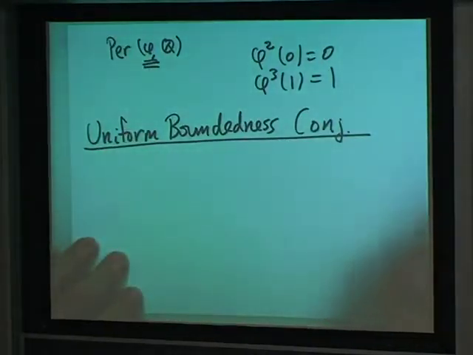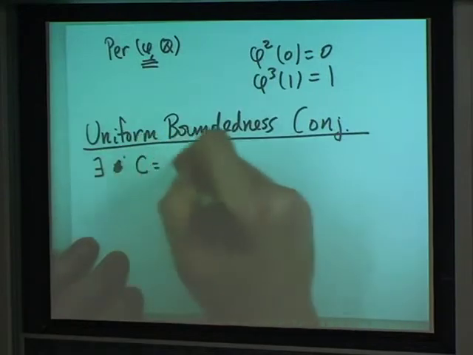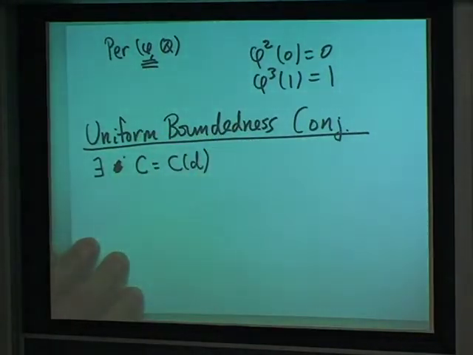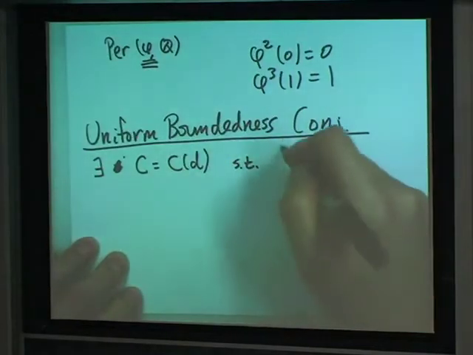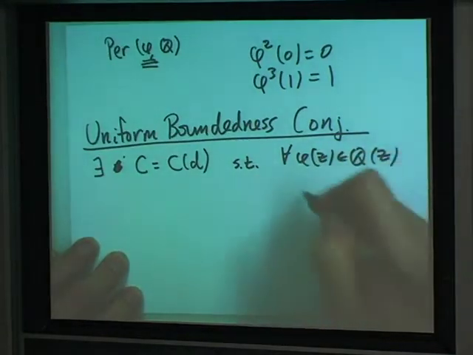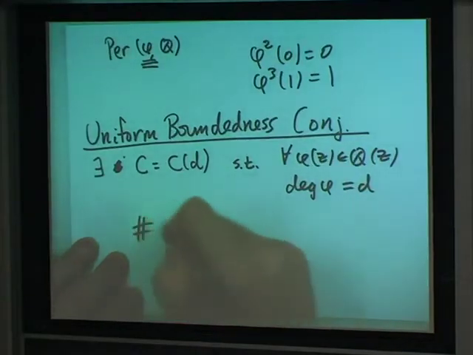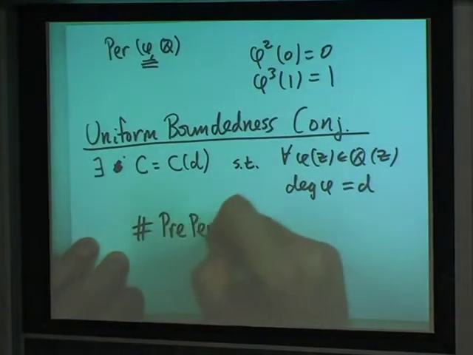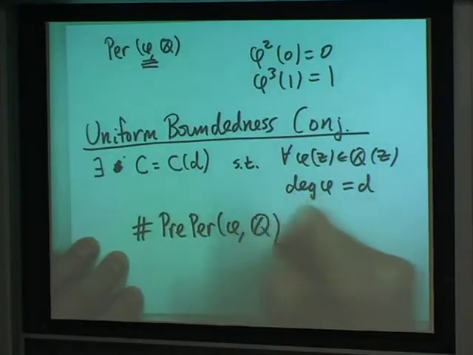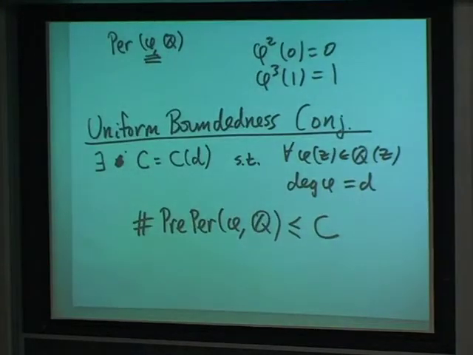So the conjecture here would be there exists a constant depending only on D, such that for all rational maps, say with rational coefficients, of degree D, the number of pre-periodic points that are rational is bounded by this constant. So independent of the map, other than depending on its degree, which you pretty much have to put in there. Okay.